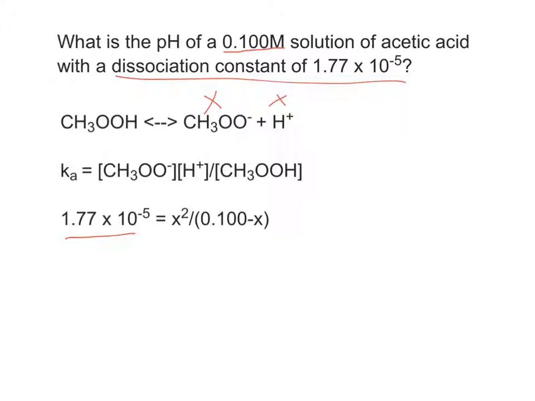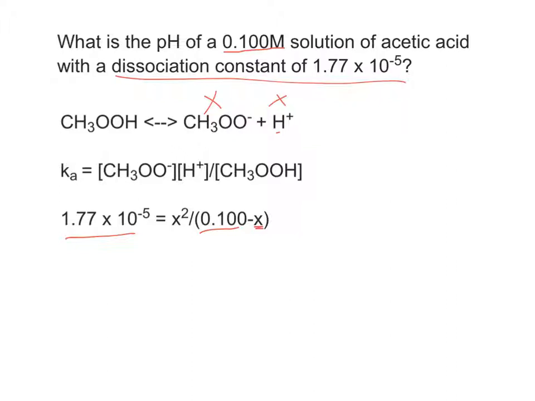So it's not exactly 0.1 molar because at equilibrium you've lost some of that acetic acid into ions. So we take the original concentration, we subtract whatever the concentration of the hydrogen ions would be. That would give you the new equilibrium concentration.